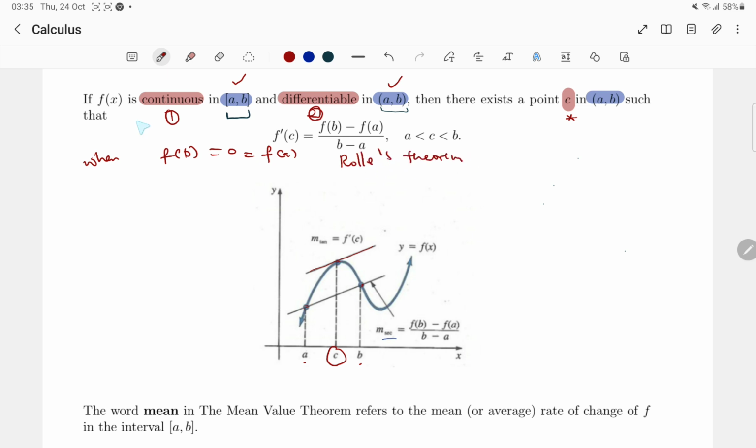For Rolle's theorem, you have to state that f of x is continuous in [a, b] and differentiable in (a, b). Then if f of b is equal to f of a, which is equal to 0, then we'll be having f prime of c being equal to 0 as well. So that's Rolle's theorem.